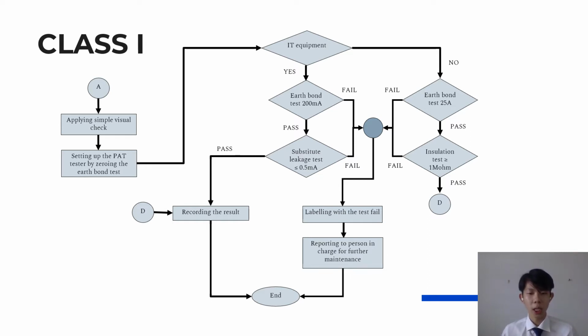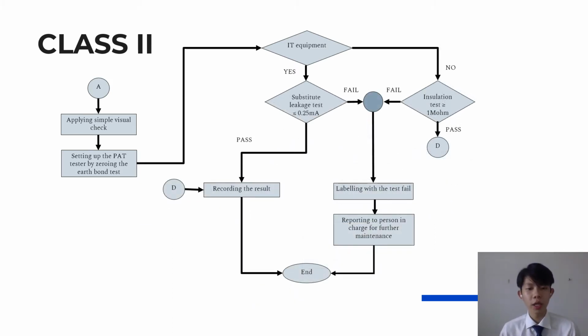For IT equipment, the earth bond test with 200 mA and the substitute leakage test are applied. For non-IT equipment, the earth bond test with 25 A and the insulation resistance test are applied. Record the data if all the tests are passed. If either test fails, the equipment needs to be labelled with a fail sign and reported to the person in charge.